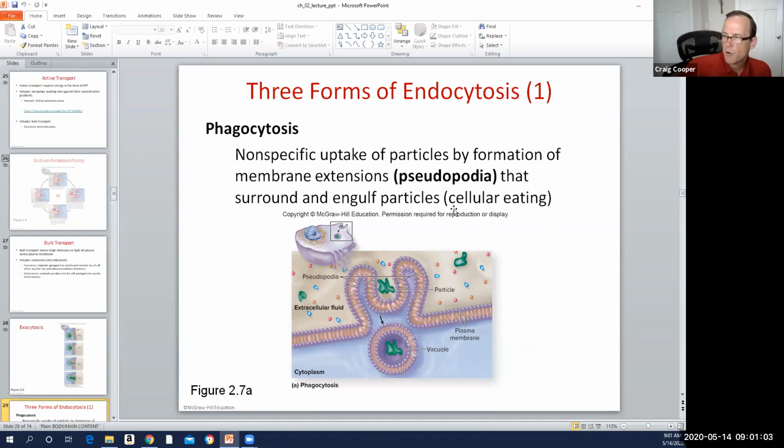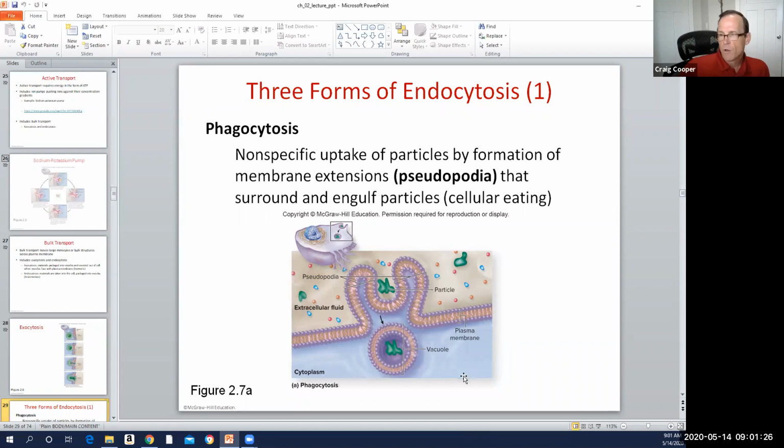So that's where this term cellular eating relates to phagocytosis. We've got this little mouth that's basically formed by the cell wall. We're reaching out to capture something and encircling it. So now if it is a bacteria, now we've packaged it up in this vesicle, so it's kind of trapped in there, and it can't damage anything else in the cell.